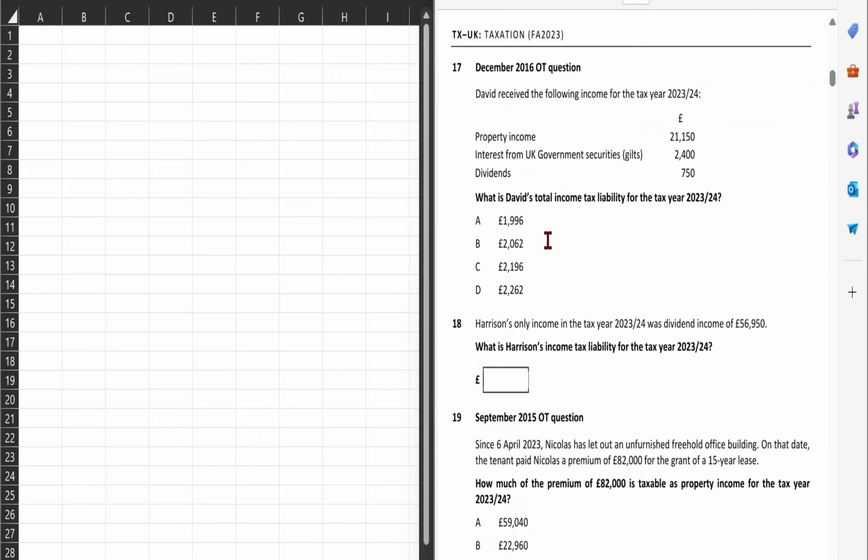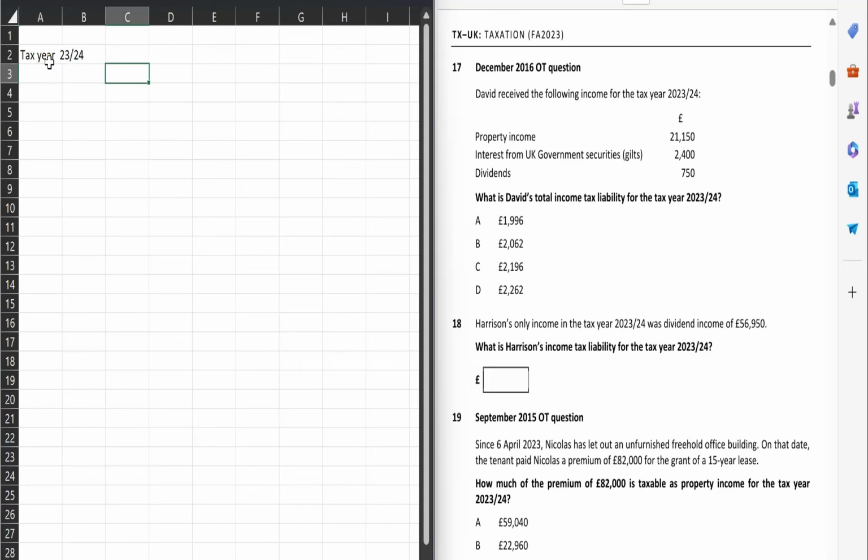Okay. So next question is, we have to calculate total income tax liability for the tax year 23-24, right? David has the following income for the tax year: property income, interest from the UK government security gilts, and dividend.